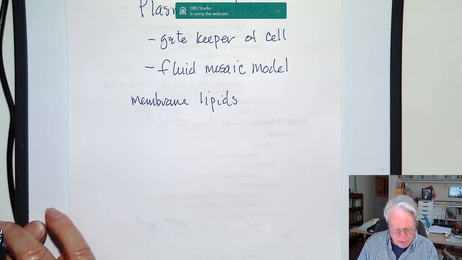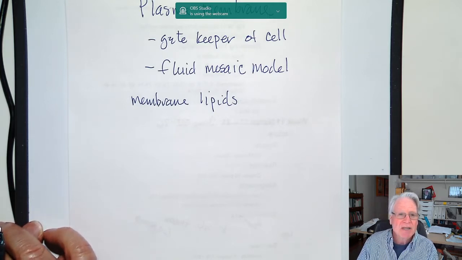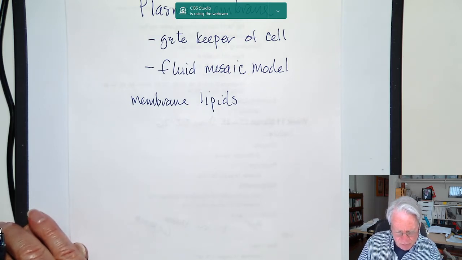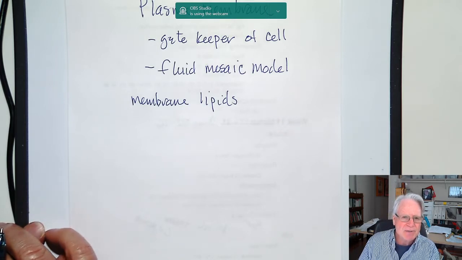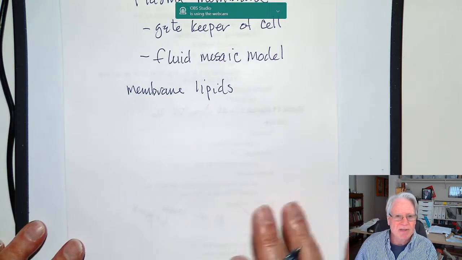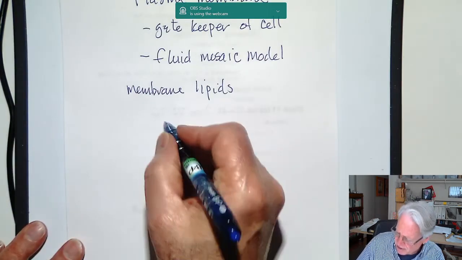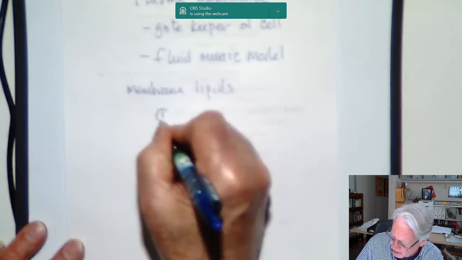So the fluid term comes from the behavior of membrane lipids. So when we look at the lipids, we have three major types of lipids, and we'll describe each one. These are the major ones, and we have smaller amounts of others, but I'll list them and then we'll talk about them in detail.